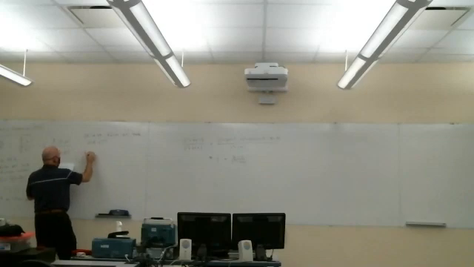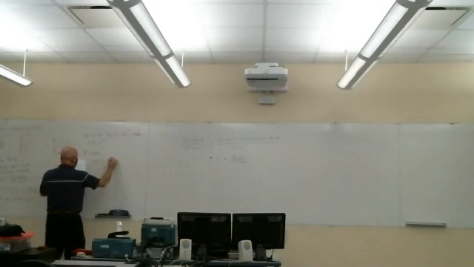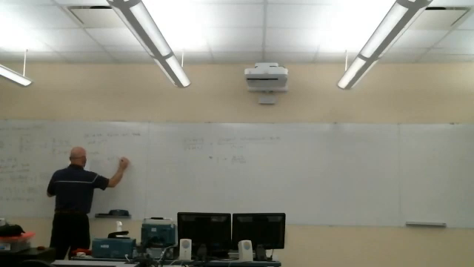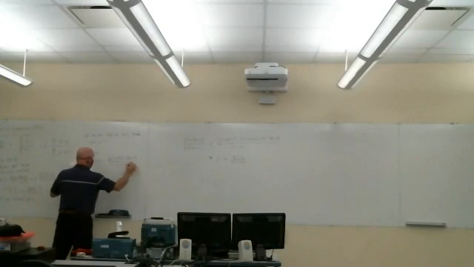Again, it's easier to illustrate with an example. So we've got X of s is 6s cubed plus 4s squared plus 8s plus 6 over s squared plus 2s plus 1.